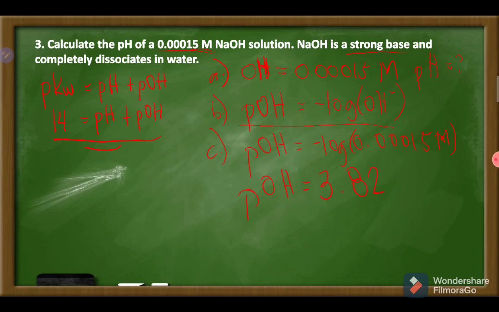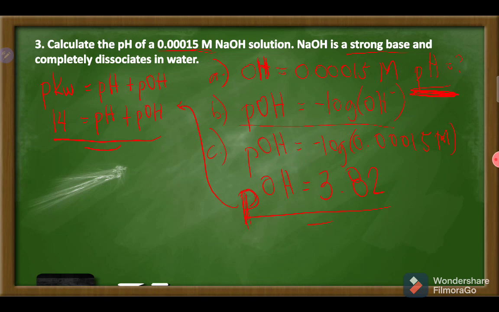Now, this is the value for the pOH only. Now, we proceed here. We can see in this formula that pOH plus pH is equal to 14, and we are looking for the pH, not the pOH.